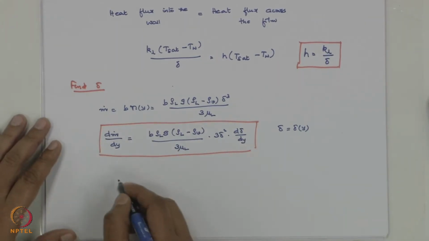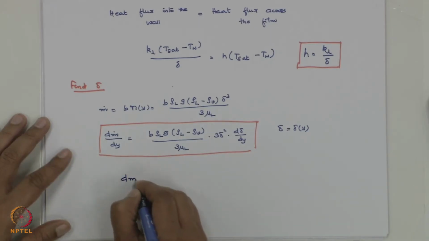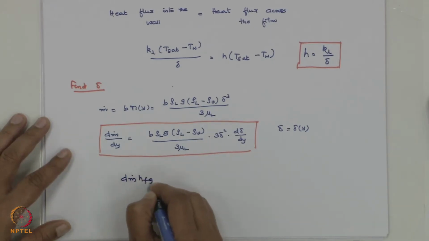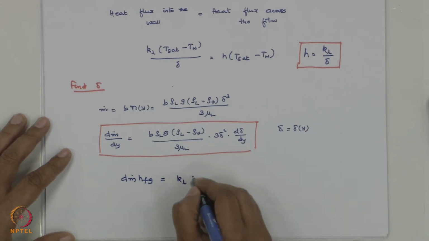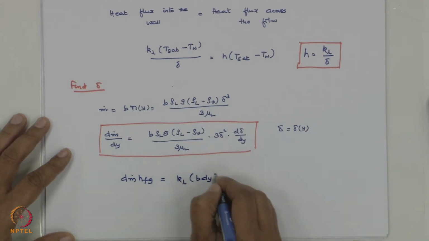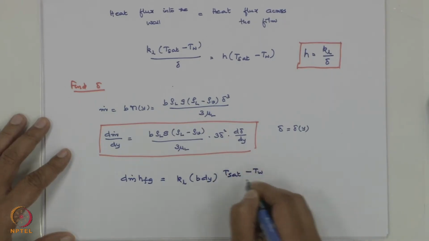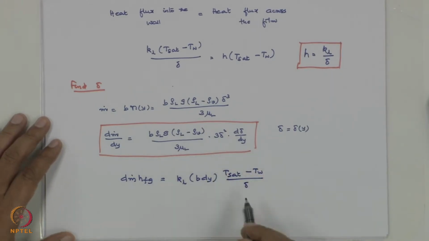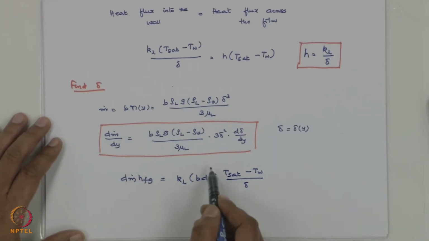So the rate of heat transfer from vapor to the plate through the film, that is, dm dot h fg is equal to K L into b dy into (T sat minus T wall) upon delta. That is the heat released by the vapor condensed and the rate of heat transfer from the vapor to the plate through the liquid film.